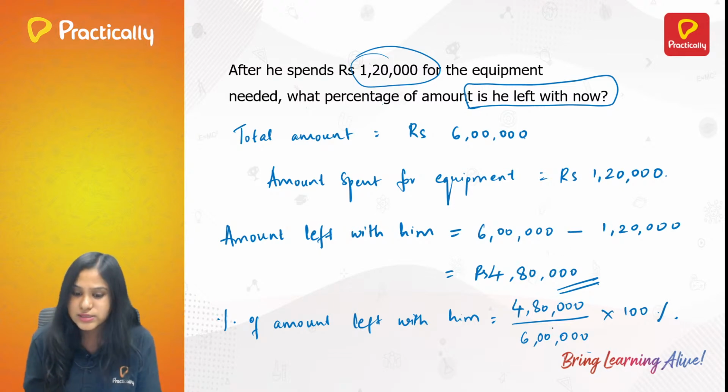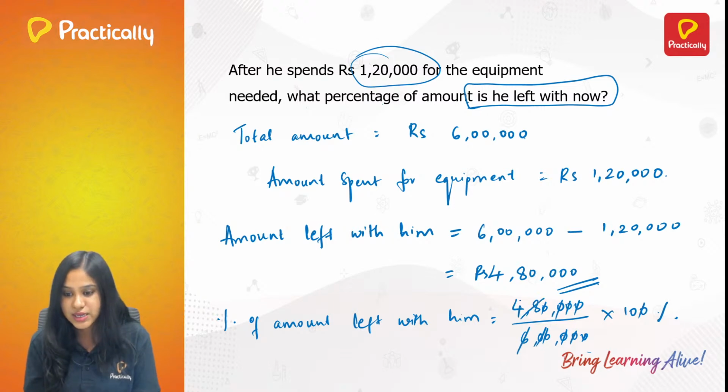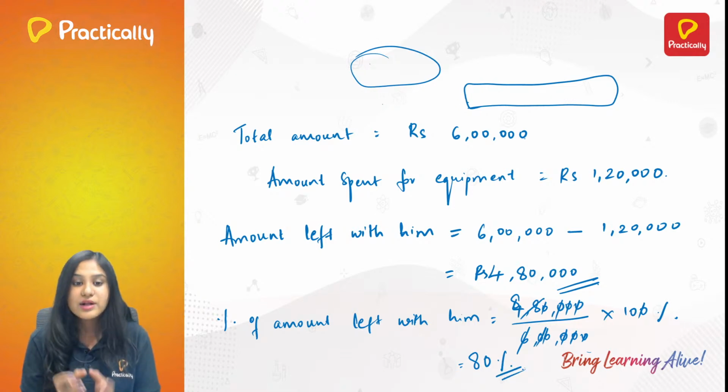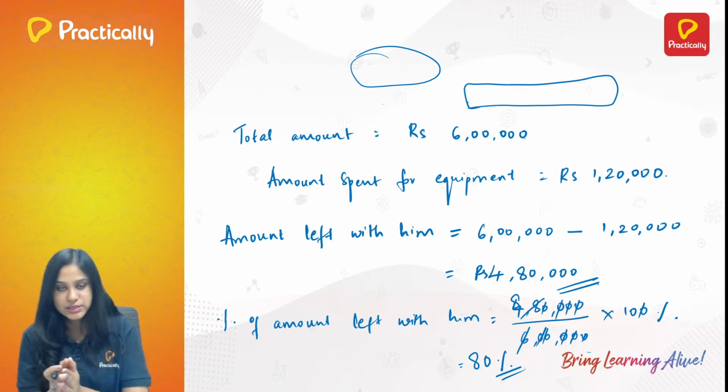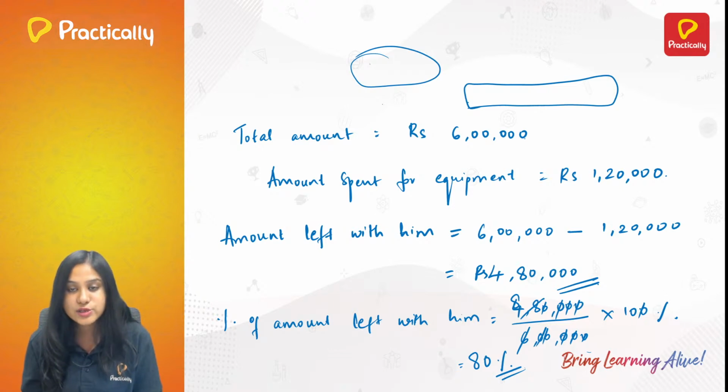Okay. So, let us see how. Cancel the zeros, then 6 times 8, so 8 into 10, that is 80%. So, what have we learned here? We have seen how to convert a fraction to a percentage, that is 4,80,000 by 6 lakh into 100%.